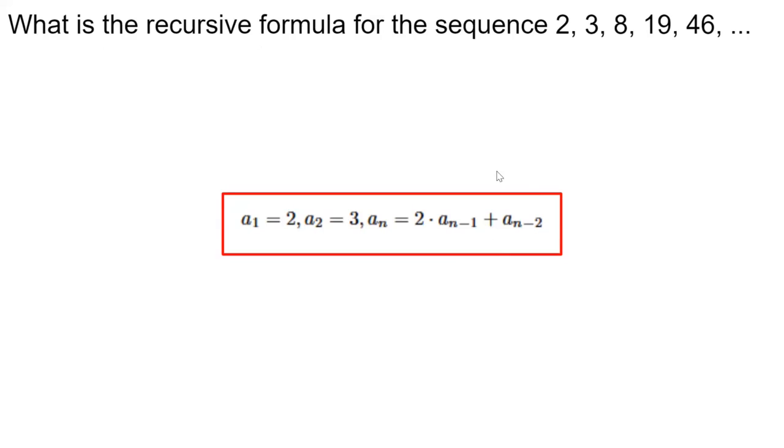So the recursive formula here is a sub n is equal to 2 times a sub n minus 1 plus a sub n minus 2. So twice the one right before it plus 1 times the one 2 before. So 8 is 3 times 2 plus 2. 19 is 8 times 2 plus 3, and so on.